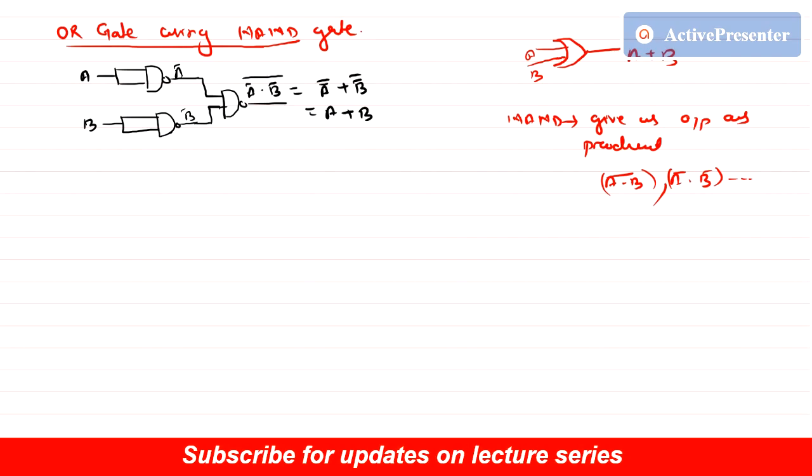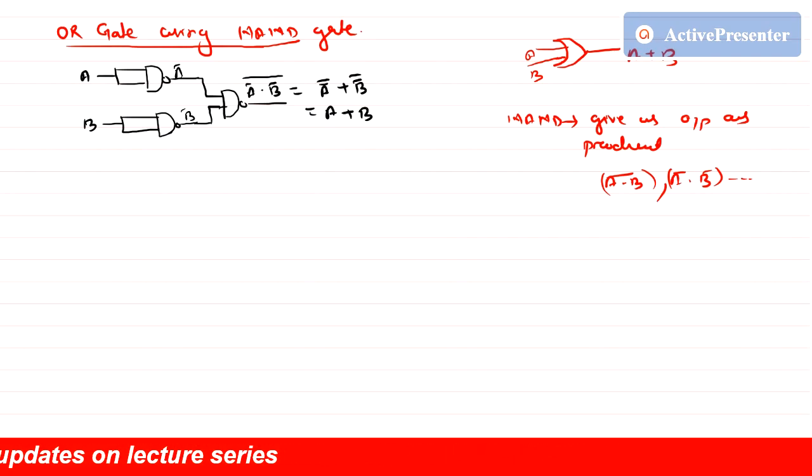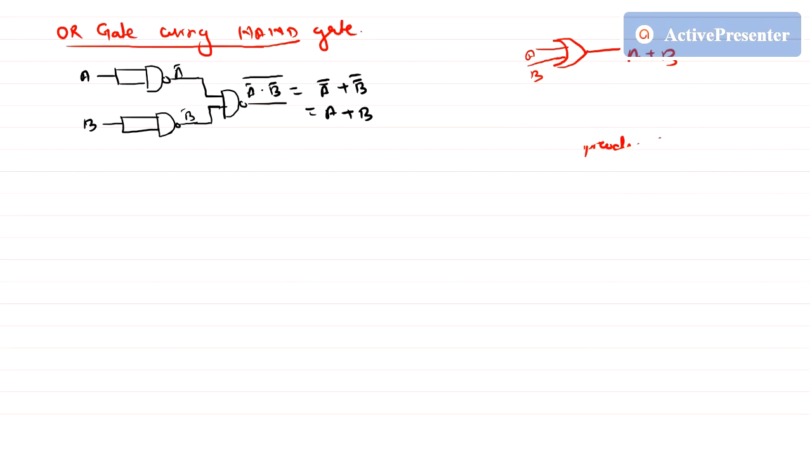So let me write here. The output is A bar dot B bar whole bar. Now from De Morgan's theorem I know, suppose for your convenience x equals A bar and y equals B bar.